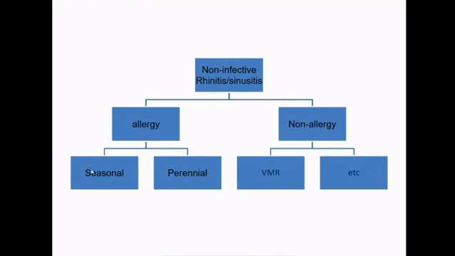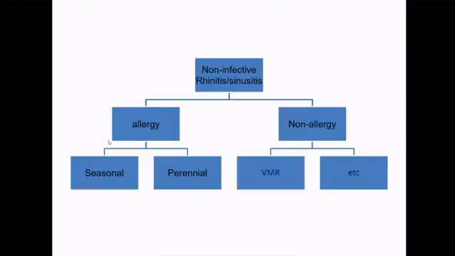It's not seasonal. Seasonal occurs in temperate countries with four seasons. In non-allergic rhinitis, there is vasomotor rhinitis, or the other name is intrinsic rhinitis. But there are others as well that we will discuss later.